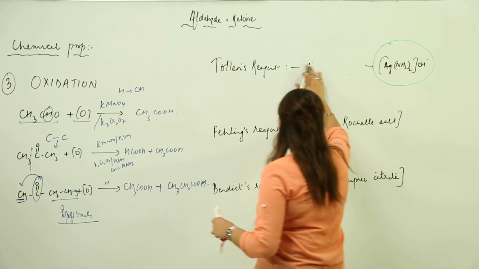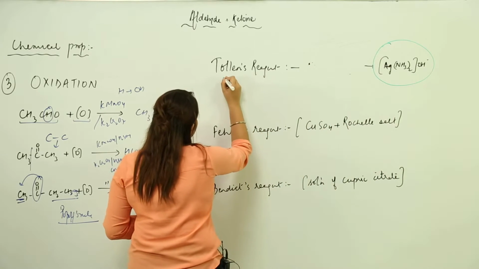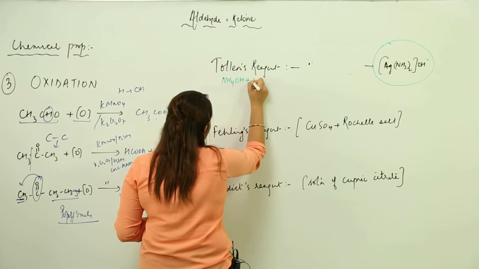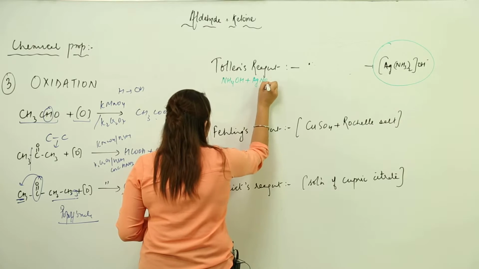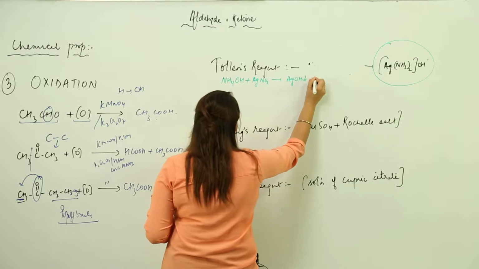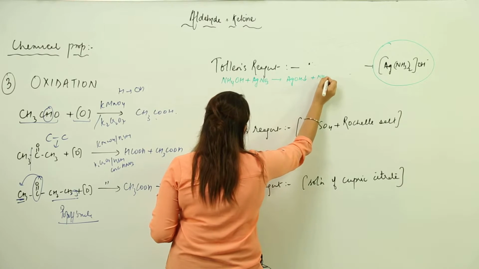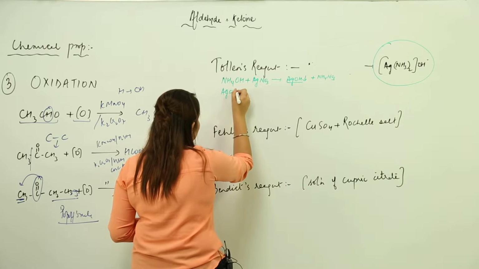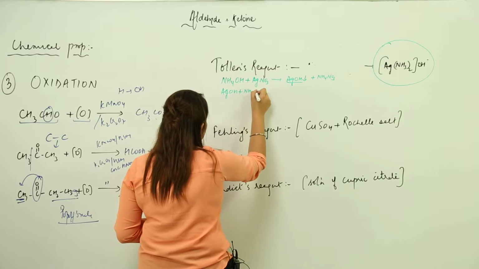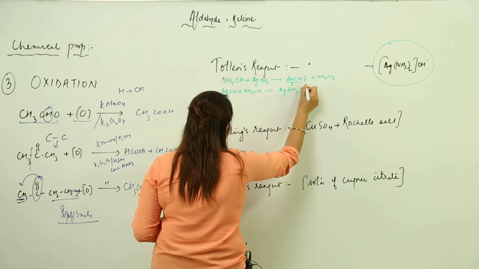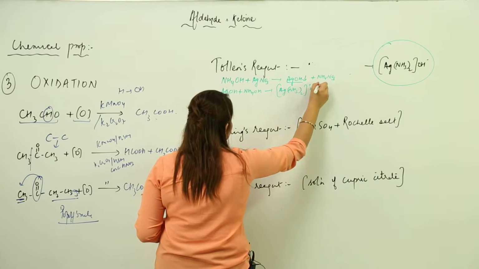But how is it formed? We will first form it. NH4OH reacts with AgNO3, forms AgOH, which is a precipitate, plus we get NH4NO3. Then we react this AgOH precipitate again with more NH4OH and we get Ag(NH3)2 OH negative.